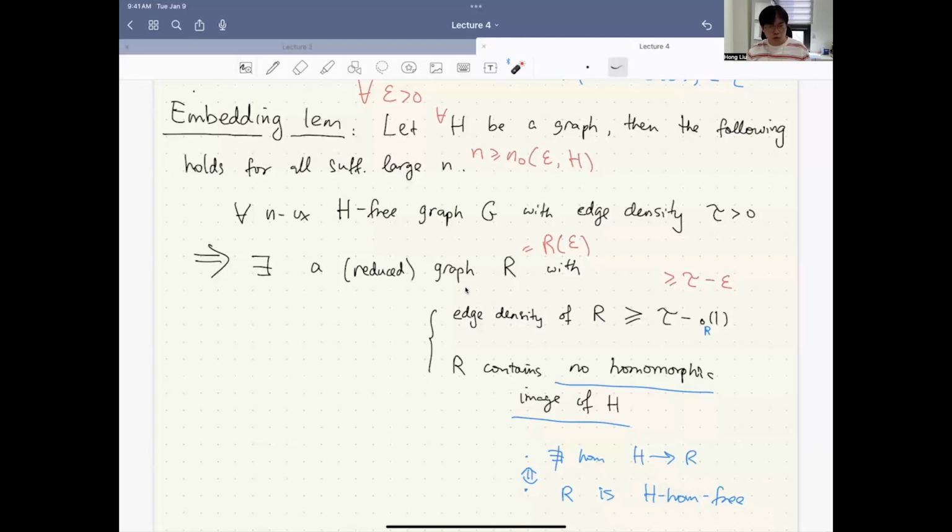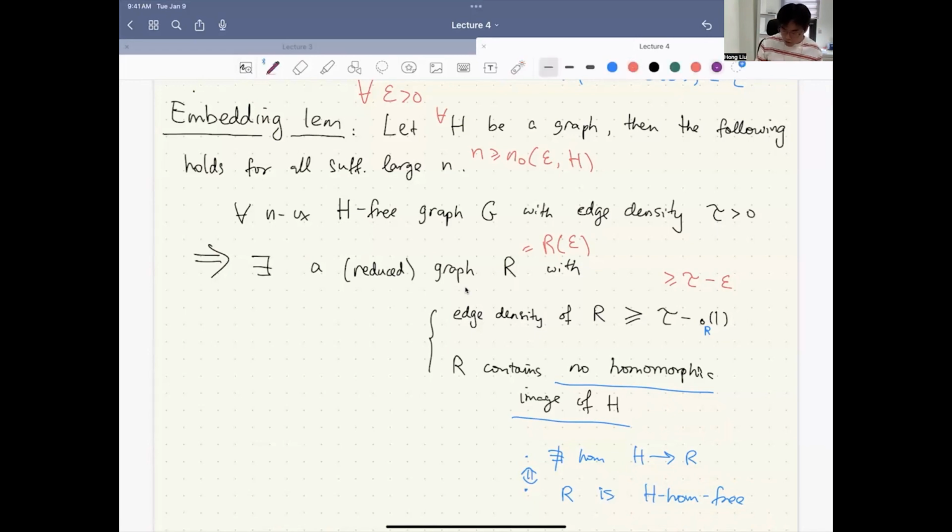Why is this stronger? Well, trivially, there's a homomorphism from H to itself. So H-hom-free contains H-free as a subproperty. Forbidding all homomorphic images of H means you forbid a larger family of graphs as subgraphs.